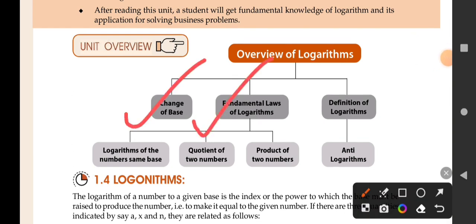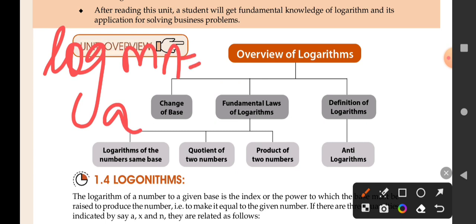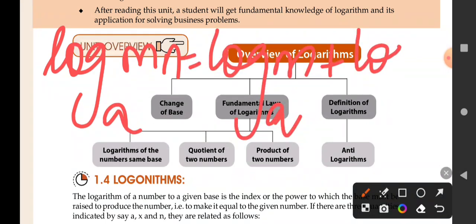What are the laws of logarithms? We have learned three laws. Log mn to the base a is equal to log m to the base a plus log n to the base a.